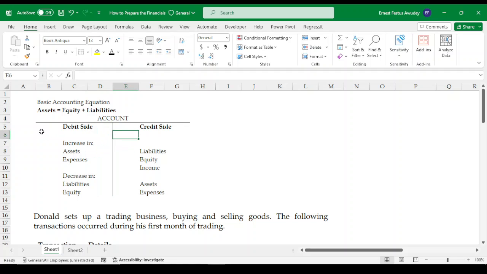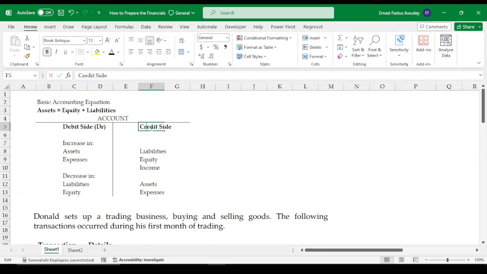Now, the left side of this T account is what we call the debit side, which we can also shorten as DR. All right, so it is uppercase D and then lowercase r, like that. And then the right side of the T account is what we call in accounting the credit side.